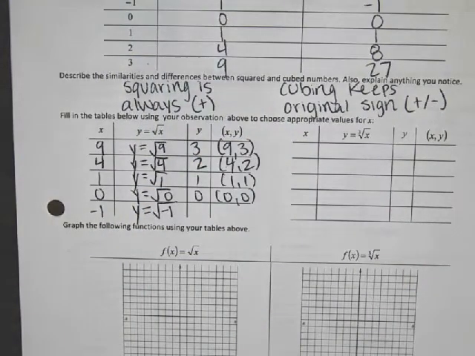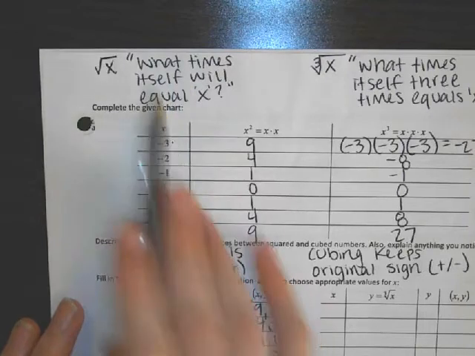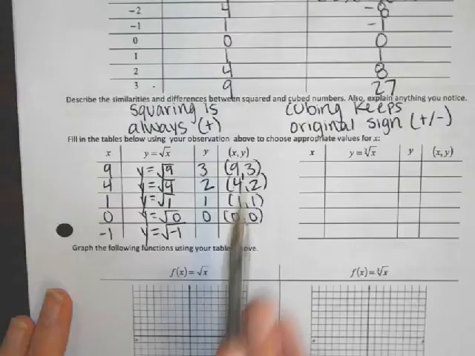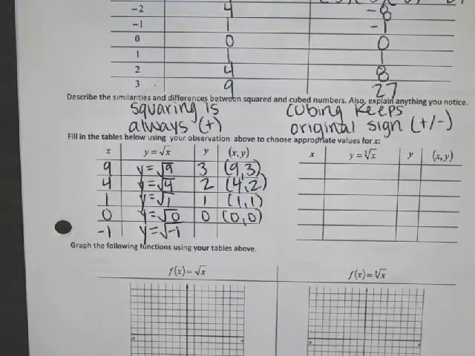Square root of negative 1? Because 1 times 1 is negative 1? Oh, because negative 1 times negative 1 is negative 1? Remember the question. What times itself will equal this value? So what times itself will equal negative 1? 1 times 1 is 1. That's not times itself then.